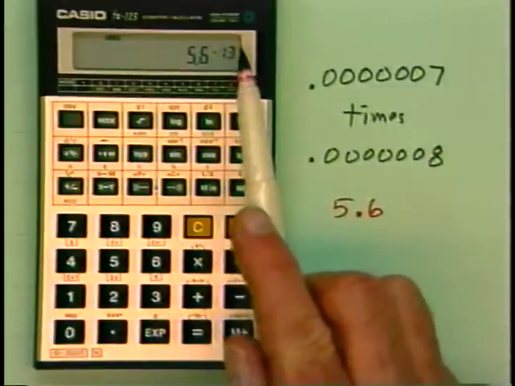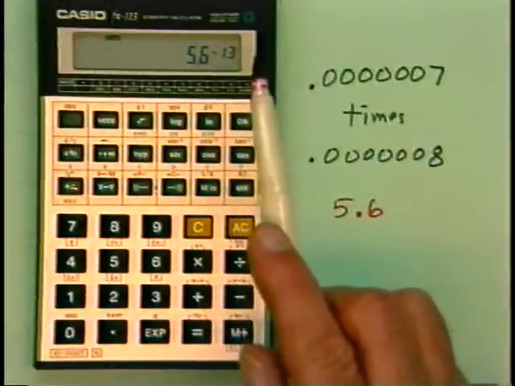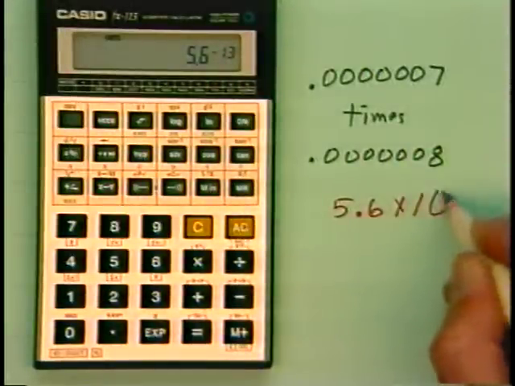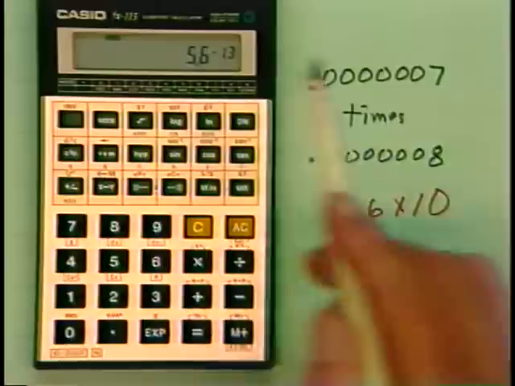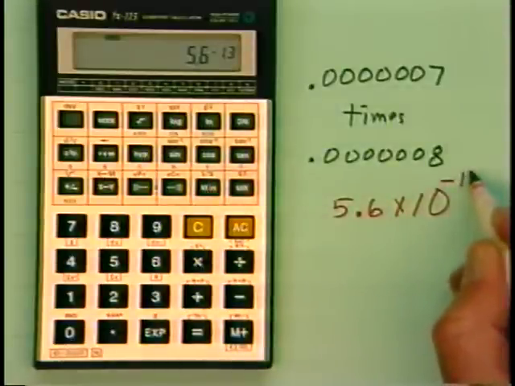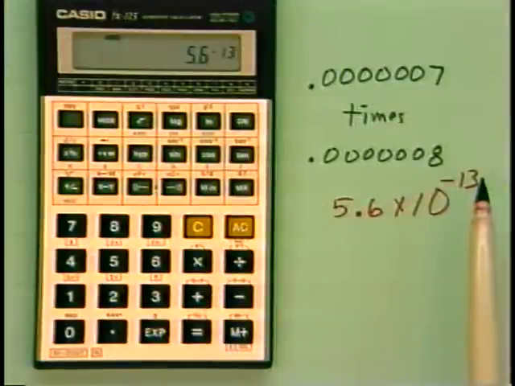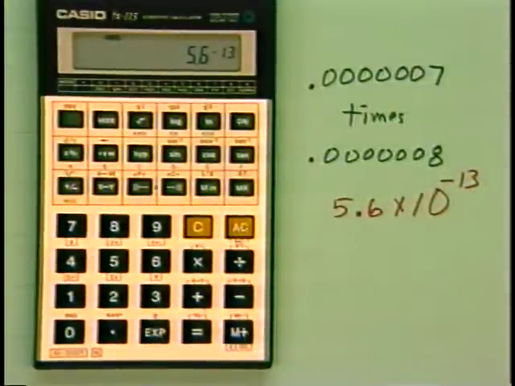Okay, when there's a blank space or a small number ending your screen output of your calculator, that means the calculator is trying to tell you it's times 10 to some exponent. And the small number, or the number following this space, is its exponent. So now this says if you were to take 5.6 and make it smaller by moving the decimal point 13 places, that's what this number is in standard notation.